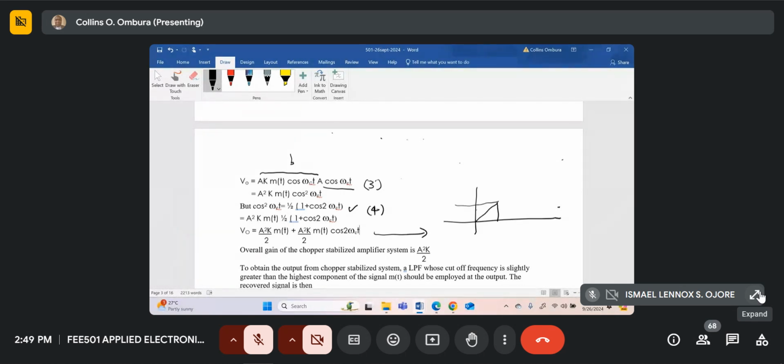This is our baseband signal. And then around 2 omega C, you're going to get a spectrum like that.